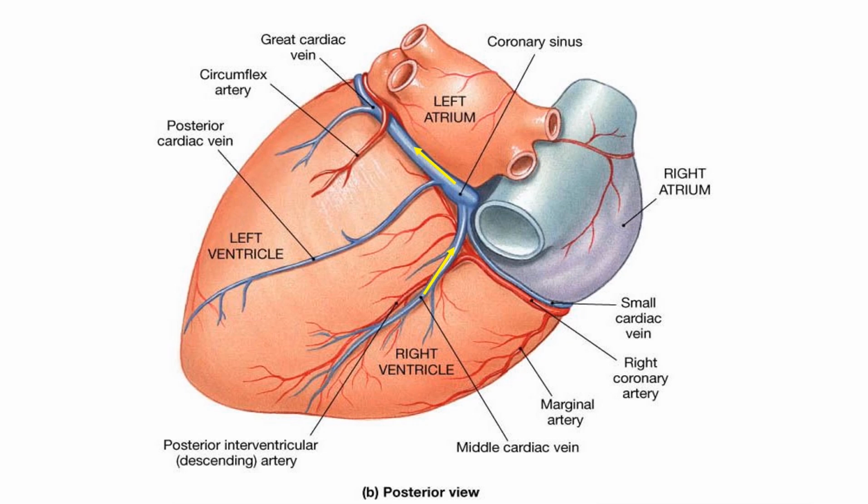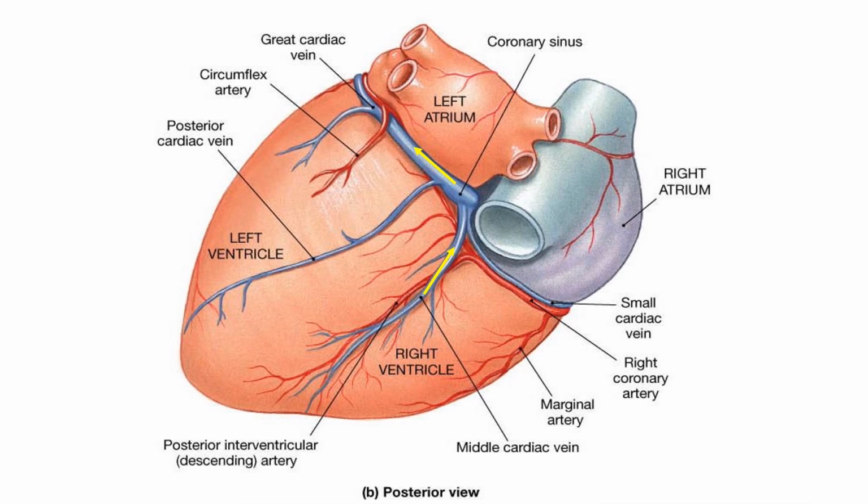Now we have great cardiac vein, and we have middle cardiac vein, and we have a smaller vein, plus other veins that run with other arteries. Now we can see here that between the left ventricle and the right ventricle there is the posterior interventricular artery, and along with it is the middle cardiac vein.